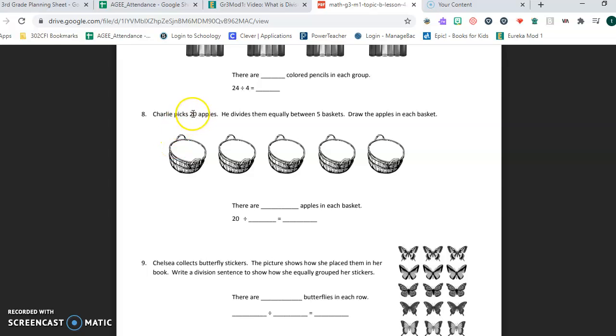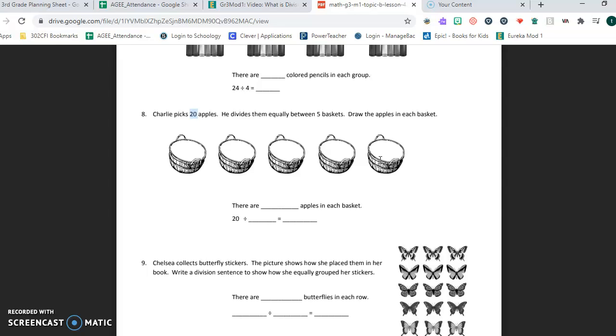We are trying to draw 20 apples and distribute them into 5 baskets. Distribute just means one at a time until you're done. Okay, so we'll go 1, 2, 3, 4, 5. So we've distributed 5 apples.